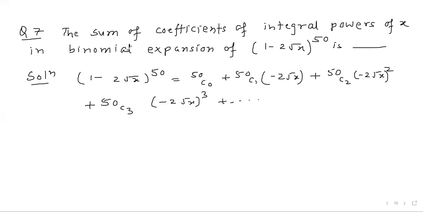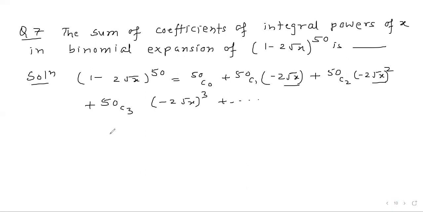Here we are going to evaluate integral powers of x. So let's see, here the power of x is not integral, but here since root x gets squared, it will be an integral power. Similarly, for the fourth power, when (minus 2 root x) whole power 4 is written, in that case it will also be an integral power. So we consider those terms where x is in integral power.